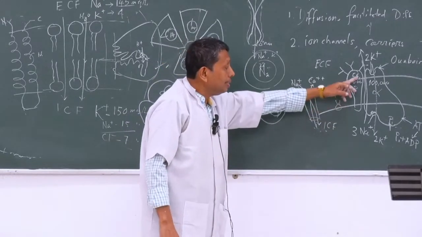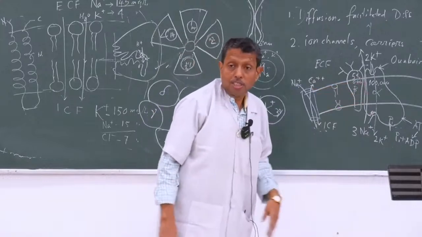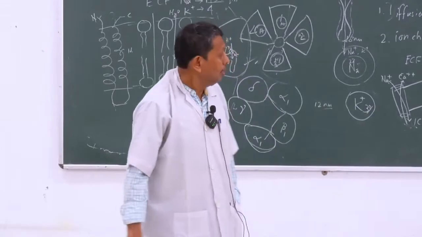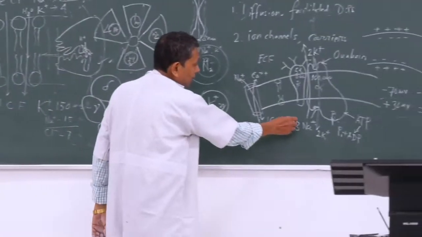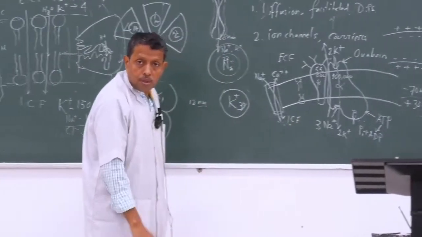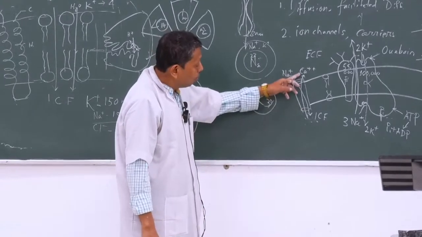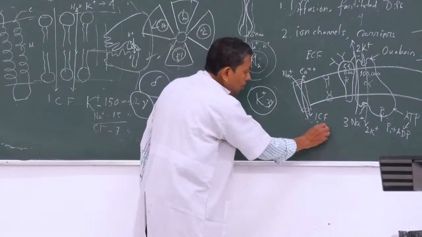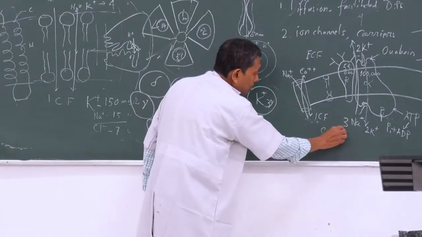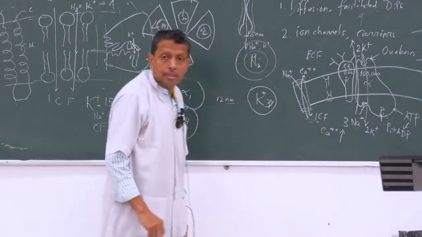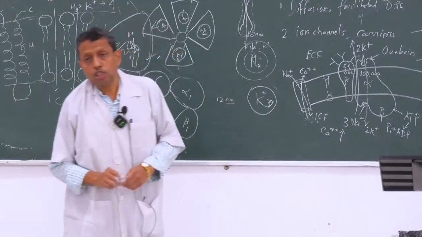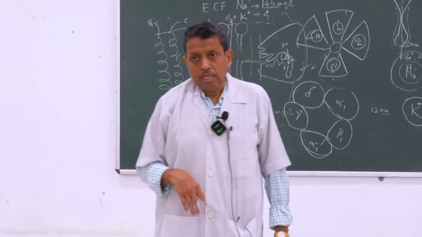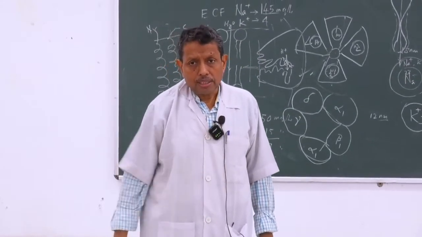Now, whenever the sodium potassium ATPase activity is low, then the sodium concentration gradient is reduced, so the exchange of calcium is also low. So the calcium ion concentration within the cytosol will increase, and calcium is primarily responsible for contraction of all the muscles, including the cardiac muscle.